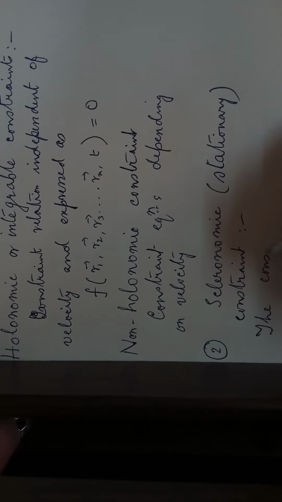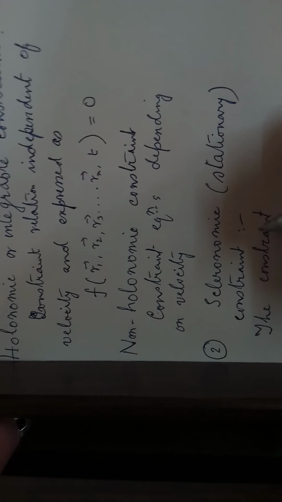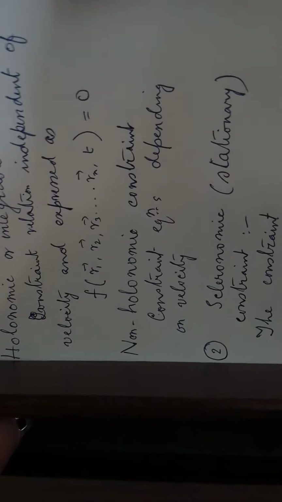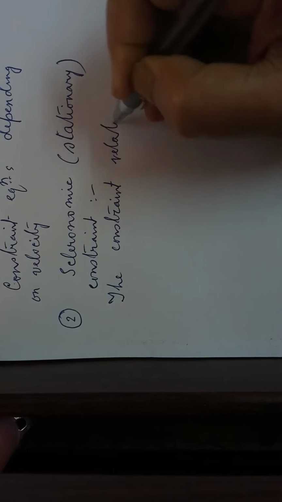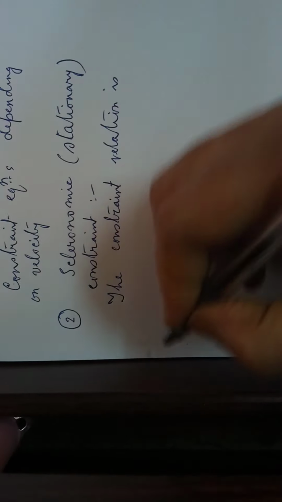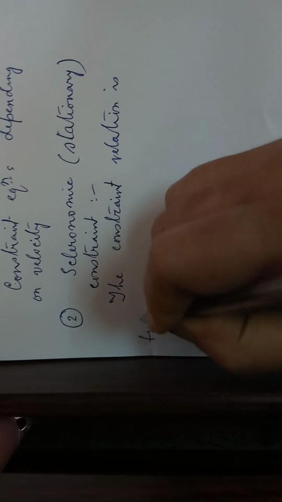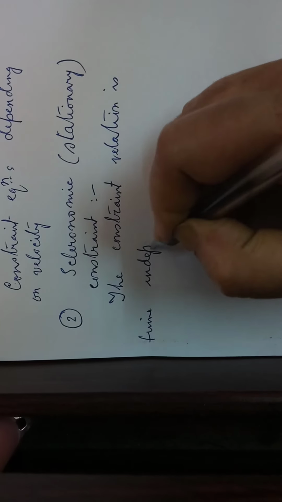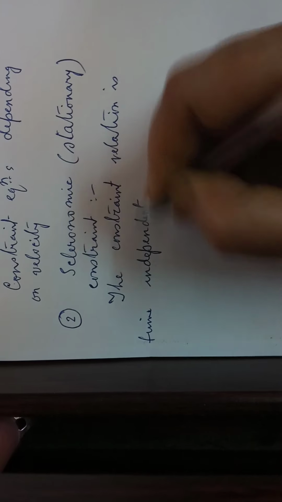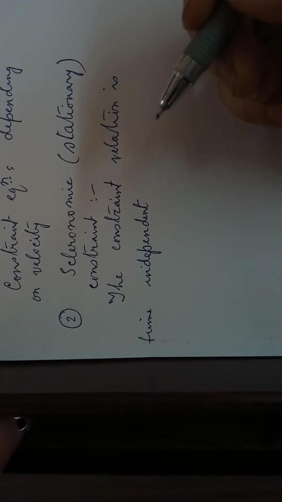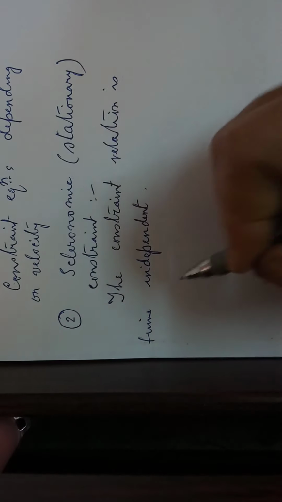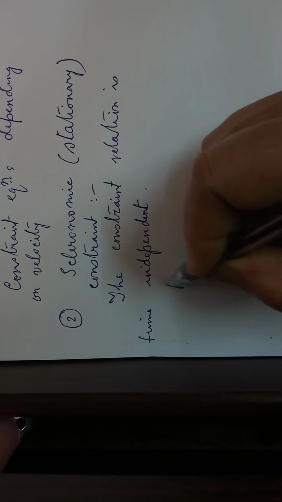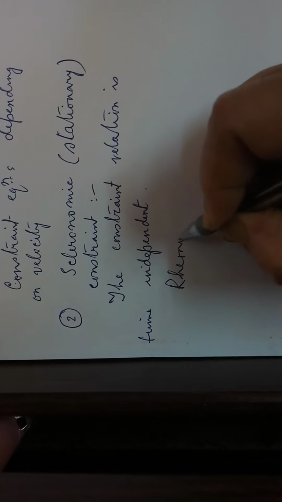The constraint relation is time independent. Just as you have holonomic and non-holonomic, you have scleronomic and rheonomic; they are opposite to one another.